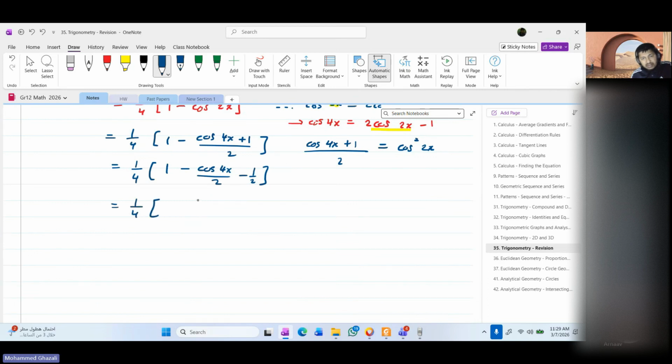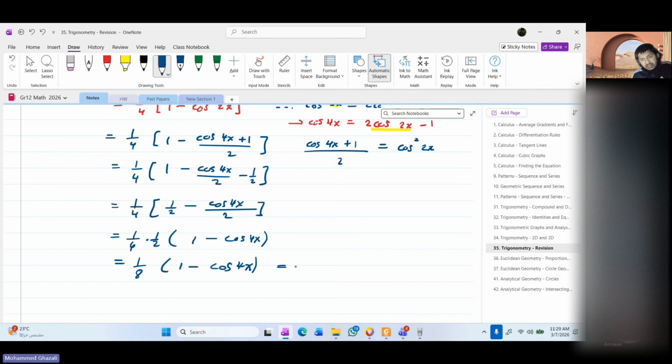Just doing algebra here now, guys. 1 minus a half is a half, minus cos 4x over 2. You can take out a half as a common factor and we're done. Right, so that's 1 over 8 into 1 minus cos 4x, which is the left-hand side.